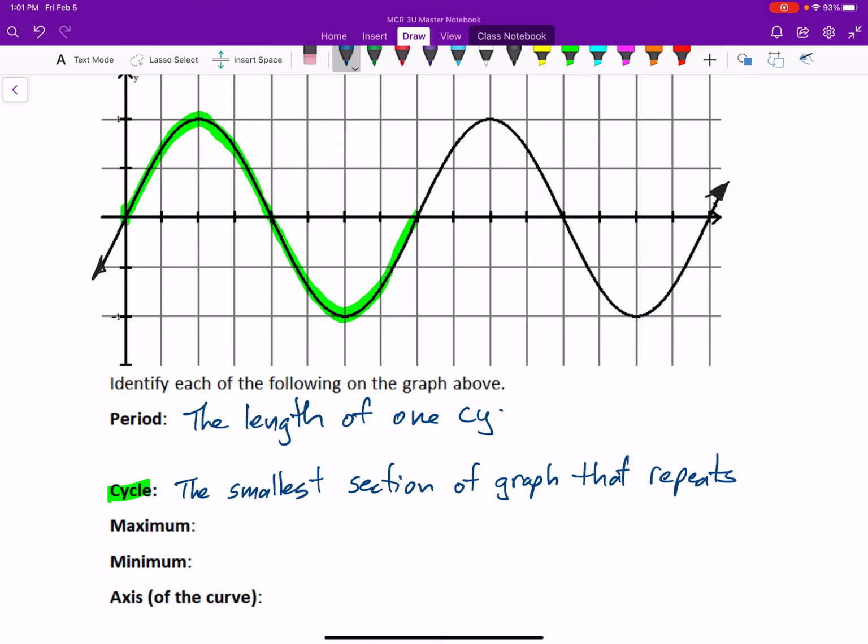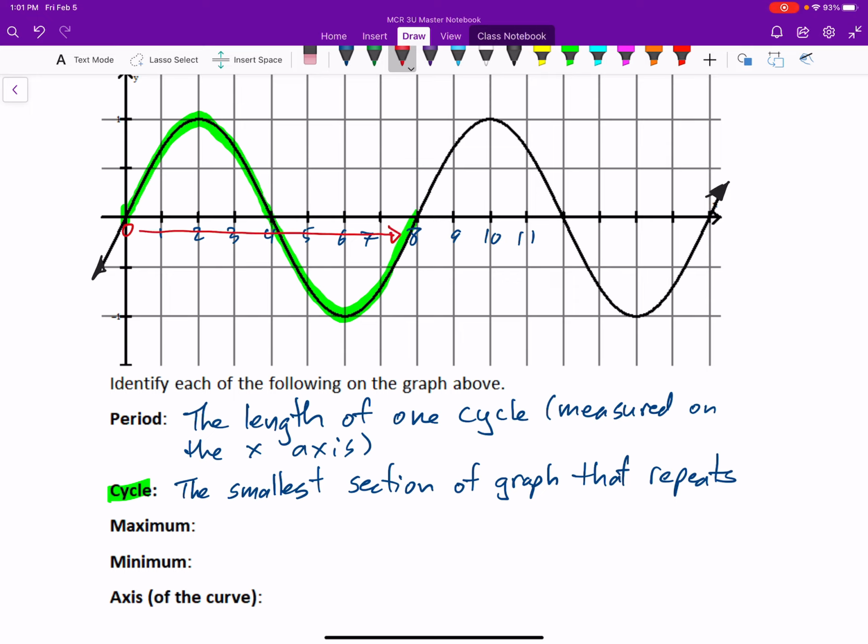And we're going to measure that on the x-axis, or the horizontal axis anyway. So if, say, this had a scale of 1, 2, 3, 4, 5, 6, 7, 8, 9, 10, 11, etc., the period for this one would be 8, because it would start at 0 and it would go up to 8.